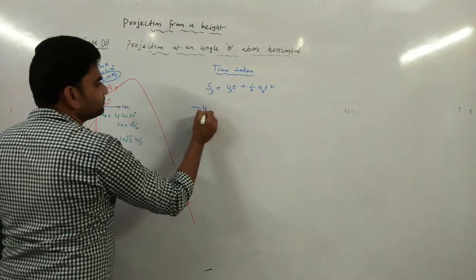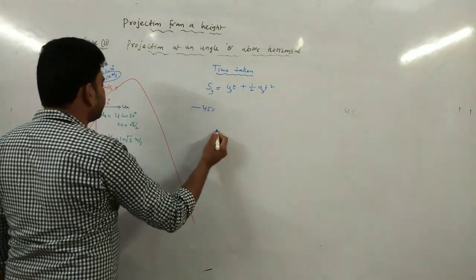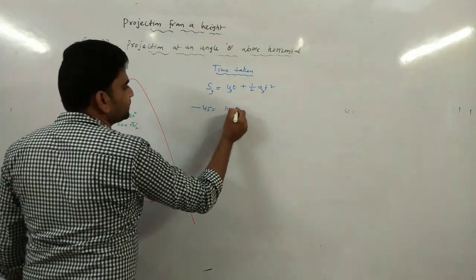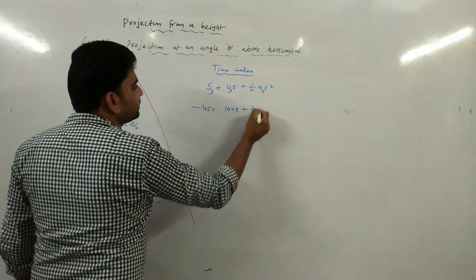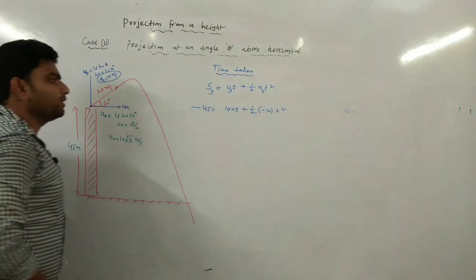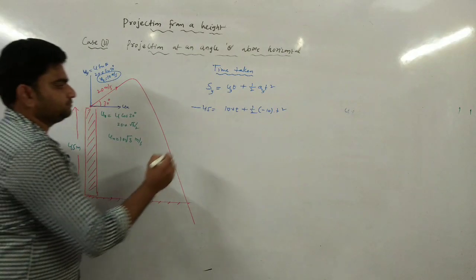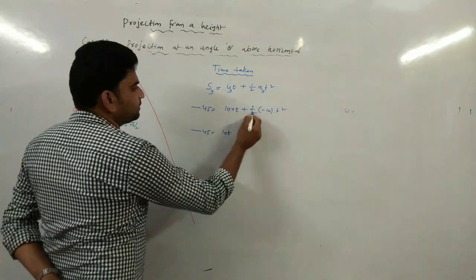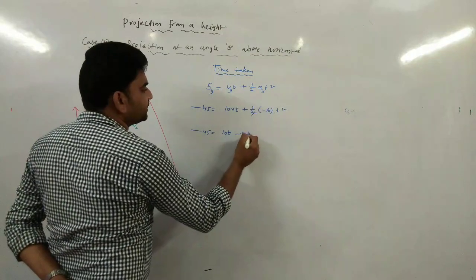Minus 45 is equal to uy, which is 10 into t, plus 1 by 2 into ay, which is minus 10, into t square.